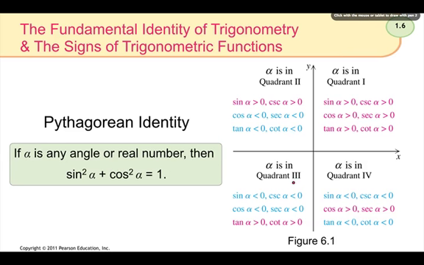In class, I'm going to show you how you can come up with the sign of any of the trig functions given the quadrant in which alpha lies, by letting r equal 1. Let's go to the next slide.